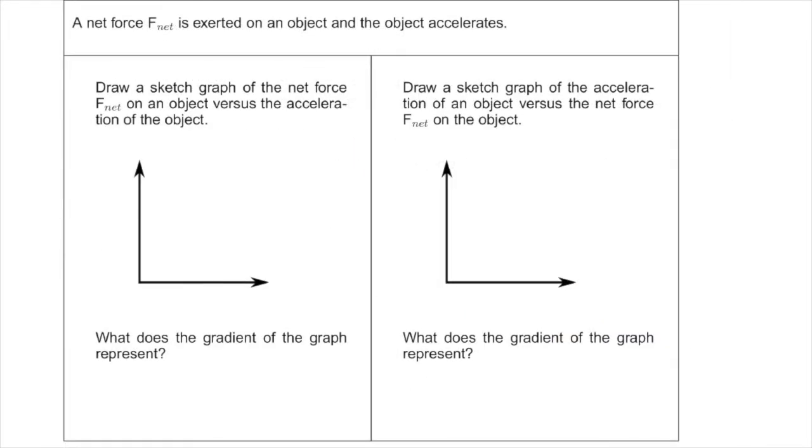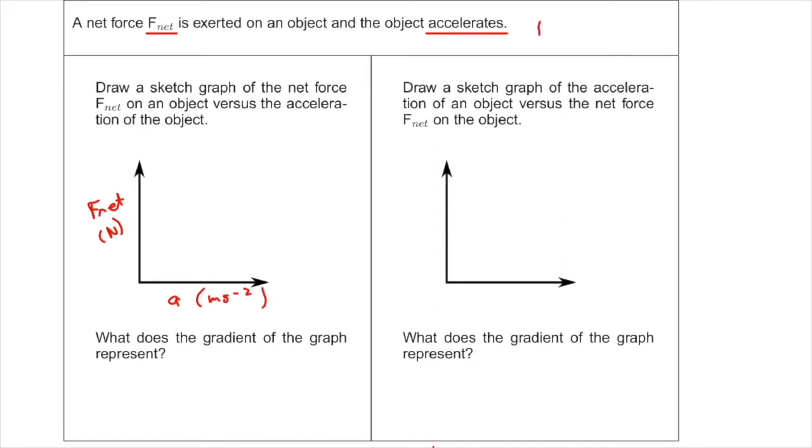Right, let's apply this. They tell us that a net force is exerted on an object and that object accelerates. So here we have the net force and we have acceleration. Draw a sketch graph of that net force on an object versus the acceleration. Now that means I have to put F net on the y-axis, and that will be in newton, and I have to put the acceleration on the x-axis, meters per second squared.